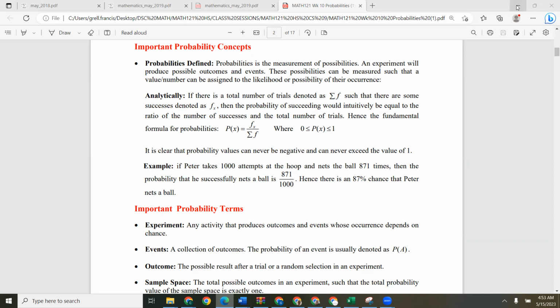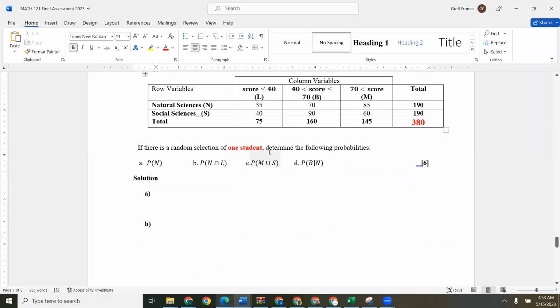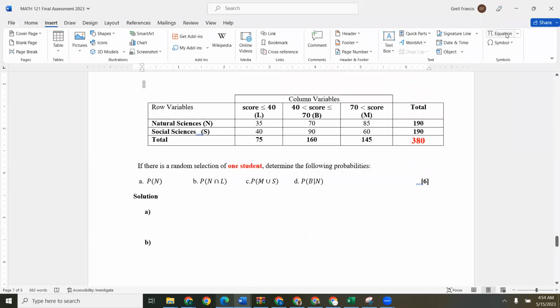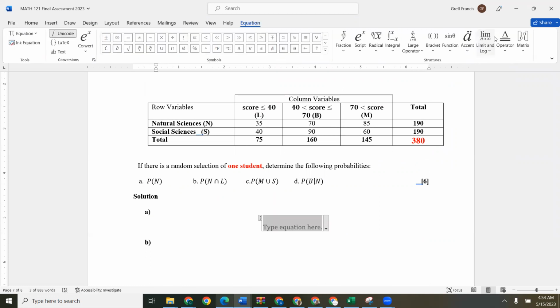Therefore, the total number of trials here would be the grand total. We always use the grand total for probability analysis when we are dealing with a random selection of one element.